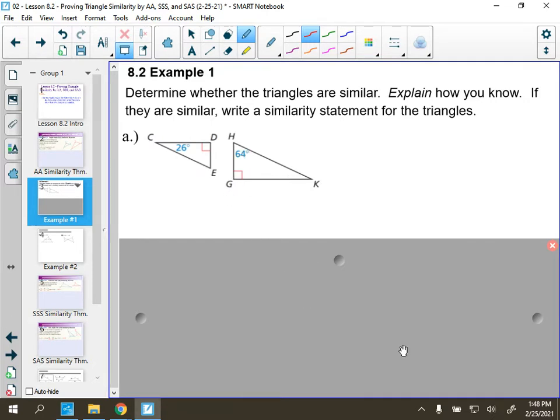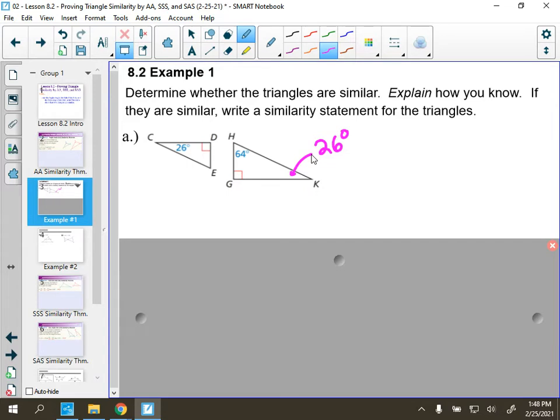So I think I'll maybe just start with K here and figure out, you know what? I know the triangle sum theorem tells me that all the interior angles of any triangle have to add up to 180. So I can use my calculator to go 180 minus 90 minus 64 and say, hey, the measure of angle K equals 26 degrees.